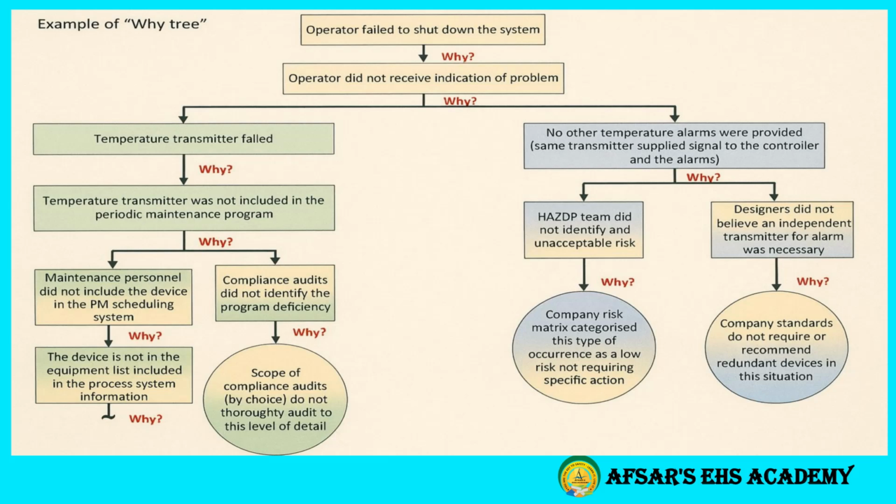Now we try to find the cause of why the HAZOP team did not identify the risk. Because the company risk matrix categorized this type of occurrence as a low risk not requiring a specific action. Then we try to find the cause of why the designer did not believe an independent transmitter for alarm was necessary. Because company standards do not require or recommend redundant devices in this situation.